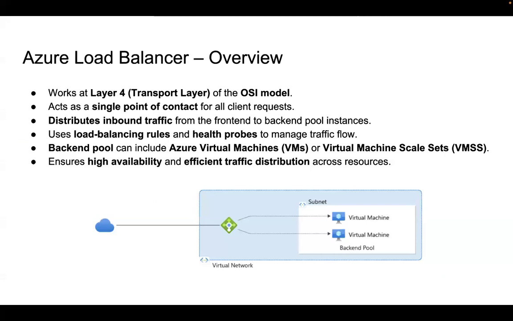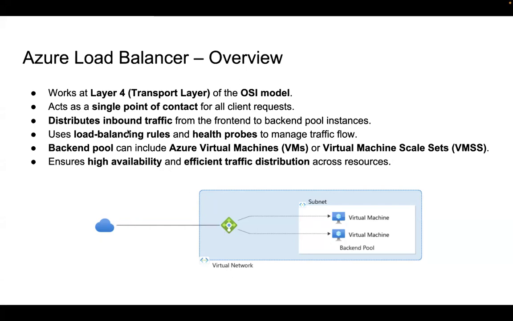It works at layer 4, the transport layer of the OSI model, and it acts as a single point of contact for all the client requests. Whoever is trying to access the application or data hosted in these virtual machines has to go through this load balancer.